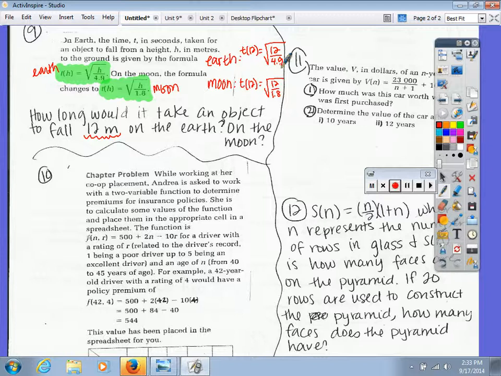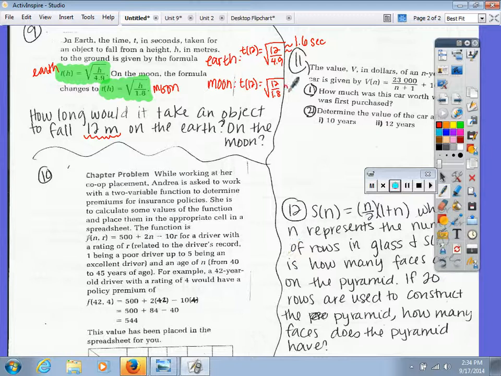Yes, I'm going to do 12 divided by 4.9, and then what do? Close the parentheses. What are you going to get? So it's about what? 1.6 meters, right? Or no, this is actually asking for seconds, so 1.6 seconds.